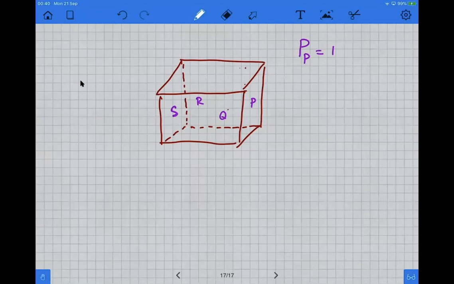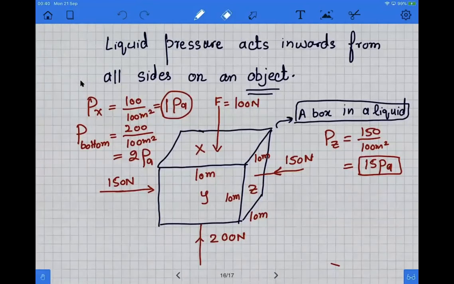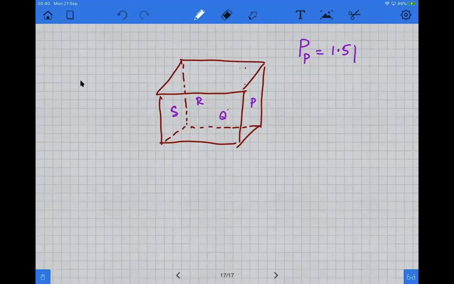If pressure on P is, as you see, 150 over 100, it was 1.5. The values are just for understanding. Now you see, pressure on P was 1.5 Pascal. Pressure on Q is 1.5 Pascal.